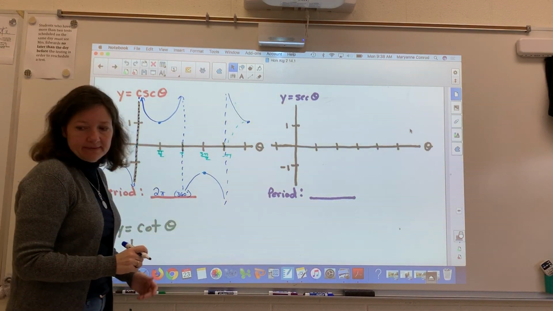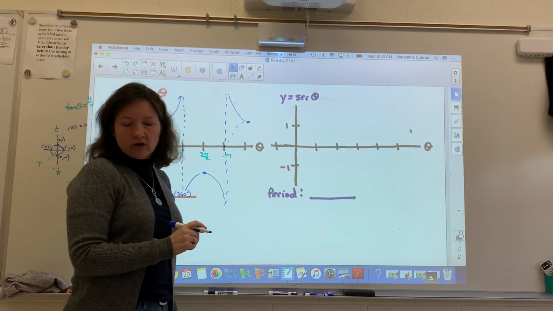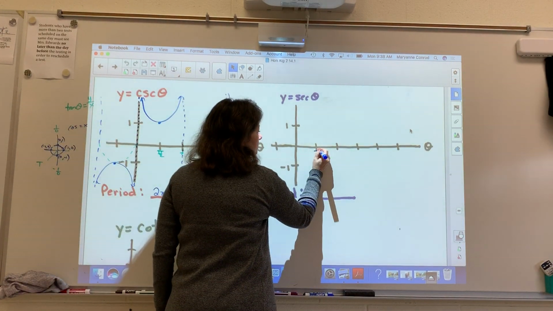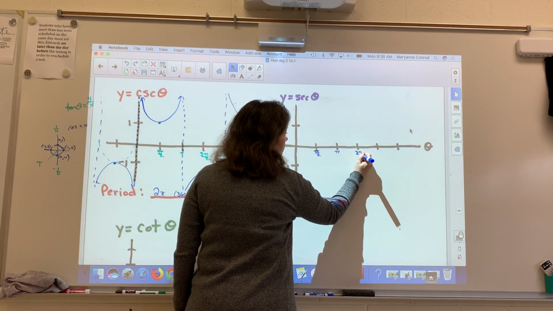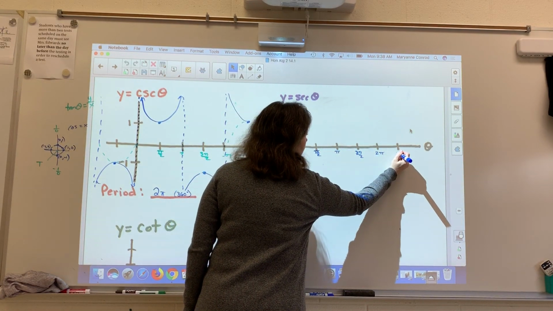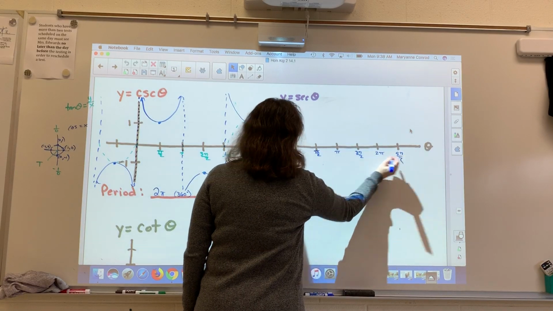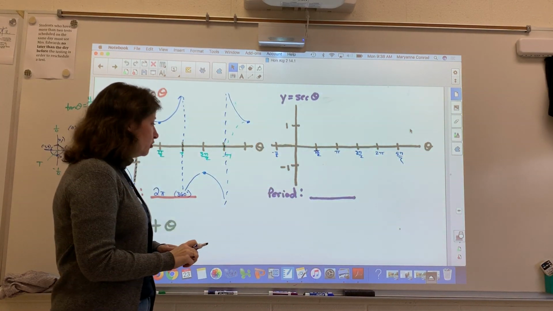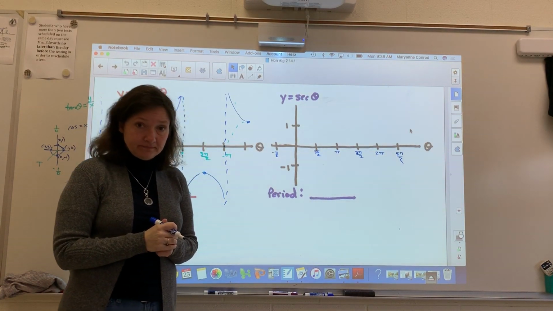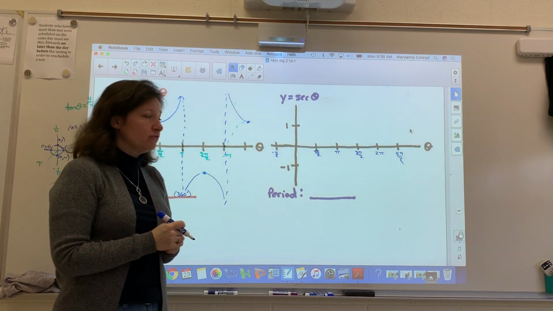Let's look at secant. So let's put our major angles on here: pi over 2, pi, 3 pi over 2, 2 pi, 5 pi over 2, etc., negative pi over 2. Okay, where does the cosine curve usually begin? That's right.